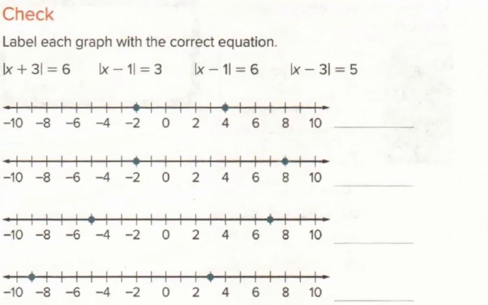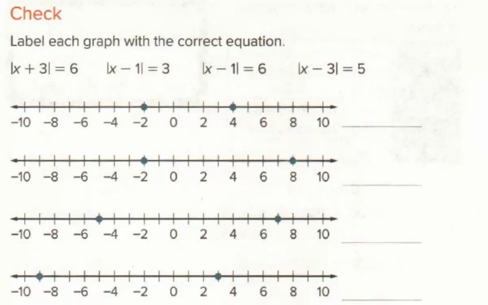Okay, so let's go ahead and check this one. It says label each graph with the correct equation. If we look at the first one, we have -2 and 4, and the number that is halfway between the two, remember we're going to average them. So 4 plus a -2 is going to give me a 2, and 2 divided by 2 is 1. So the number that's halfway between them is 1. Now it's on the positive 1 side.